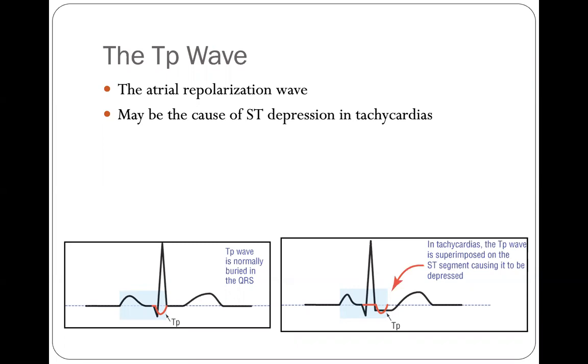And what it can do is sometimes it shows a depressed ST segment that is not really a depressed ST segment. It's actually the TP wave. All that means is that it can make it difficult for us to tell that someone has ST depression when we're talking about a tachycardia. So it can just make analysis a little bit more difficult.